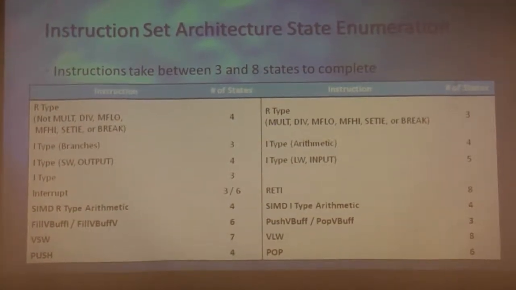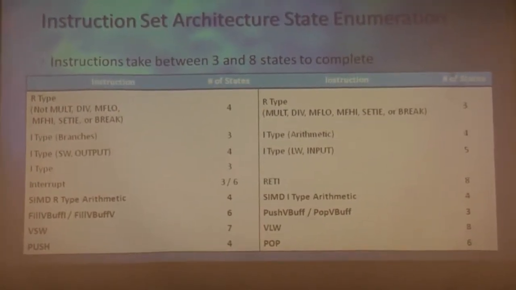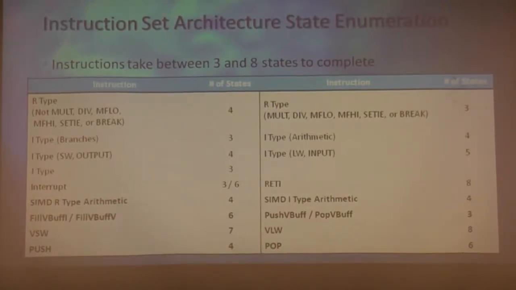And each instruction takes between 3 and 8 states to complete. And here's a breakdown. We'll use these numbers later in one of our examples to highlight how much better SIMD is than the baseline. A few things to note are that there's new instructions, fill vbuff and fill vbuff v. Fill vbuff I moves from the integer data path to the vector data path through the REU. And the other instruction, fill vbuff v, moves from the vector unit back to the integer data path.